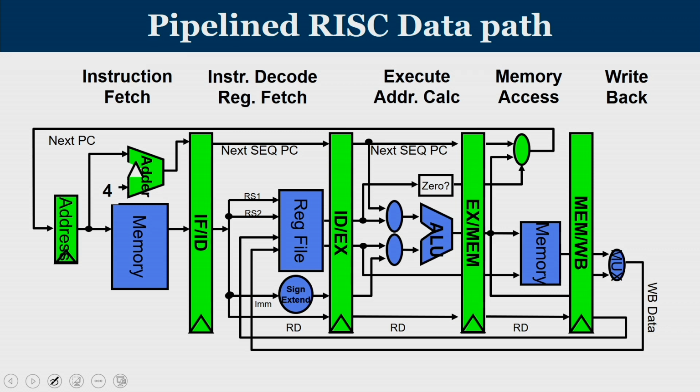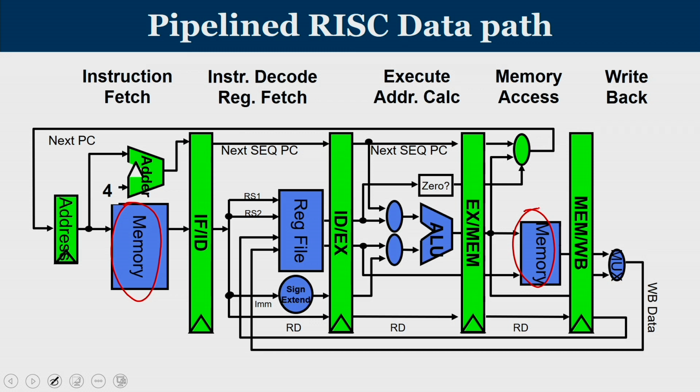This slide is about the pipelined RISC data path. We have started our discussion in this course with a 5-stage instruction pipeline consisting of instruction fetch, instruction decode, execution, memory access and write back stages. Now, we are trying to understand what is the role of memory in this context. We can see that here we have a memory component and here also we have a memory component.